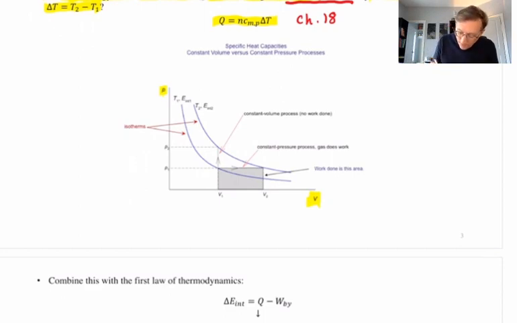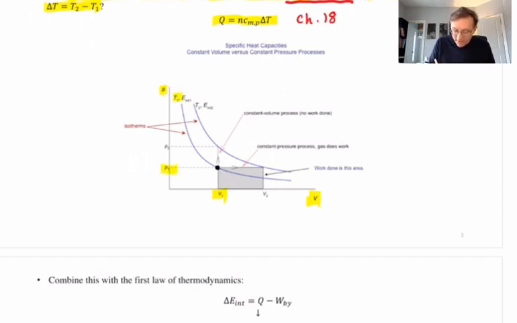The starting point is right here, a nice big dot with volume V1, pressure P1, temperature T1. I've drawn the blue curve, the T1 isotherm, which is a curve of the form y equals a constant over x that passes through point 1. That's our starting point for our ideal gas.